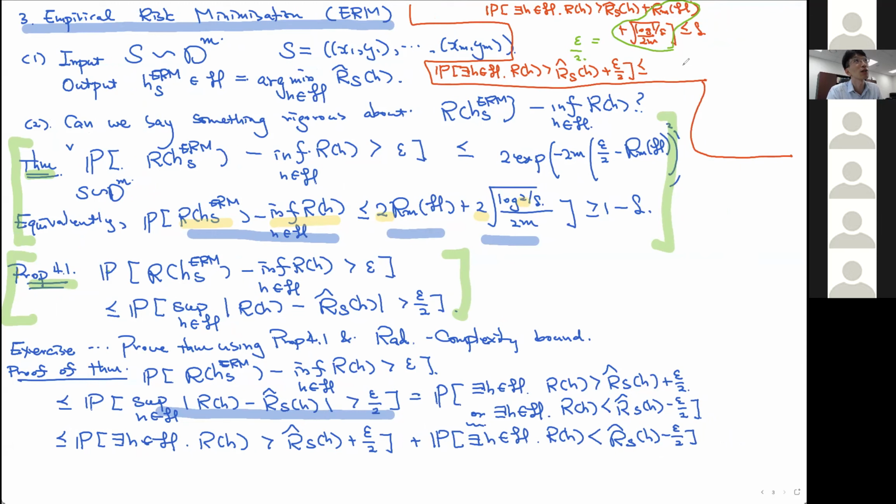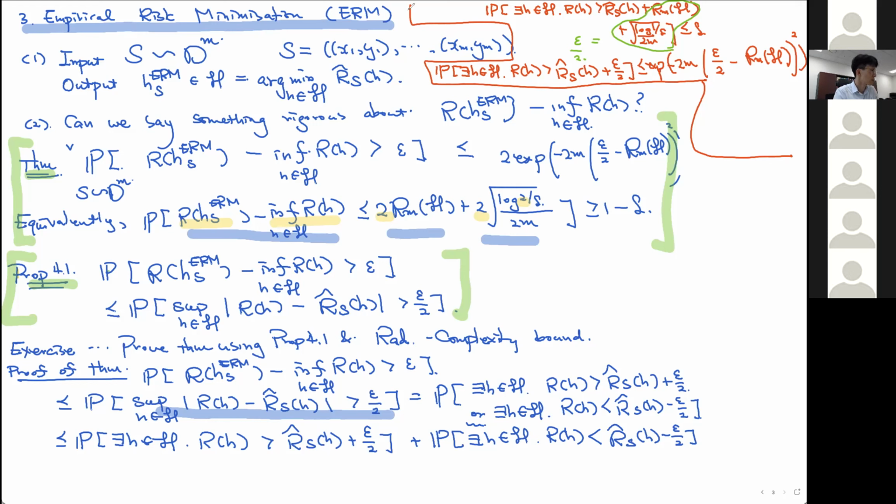So we have epsilon over 2 minus Rm of H squared 2n minus exponential. So if we solve this one in terms of delta, that is what we're going to get. So that's the quantity that we're obtaining here.